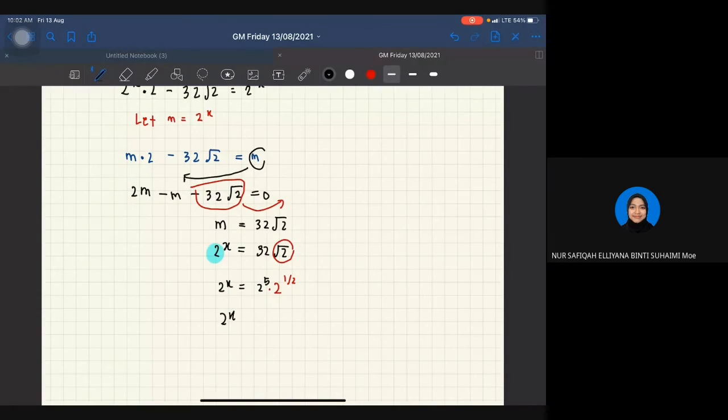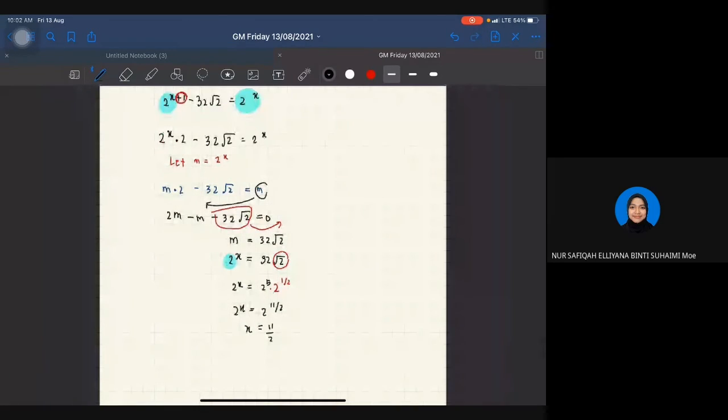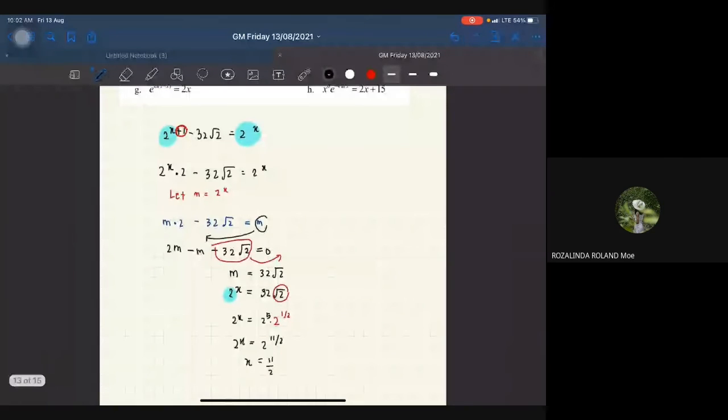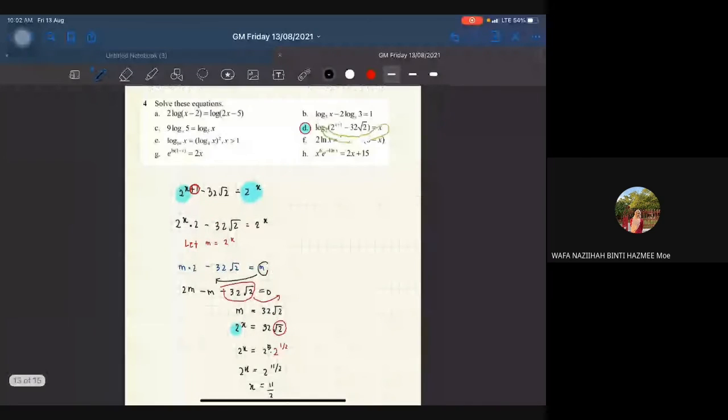Okay, so you will have 2 to the power of x and then 5 plus 1 over 2, 11 over 2. So X is equal to 11 over 2. That's all. Boleh? Boleh. Okay, good. Alright, so settle for D.